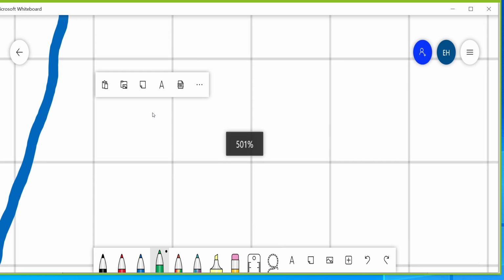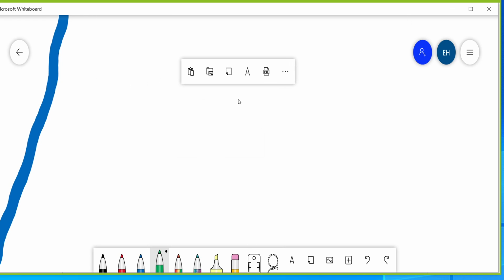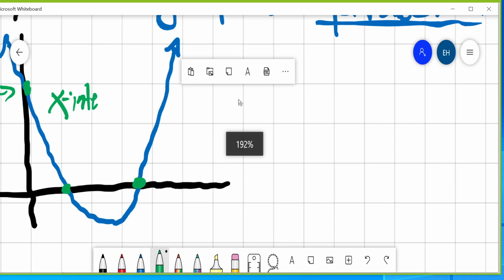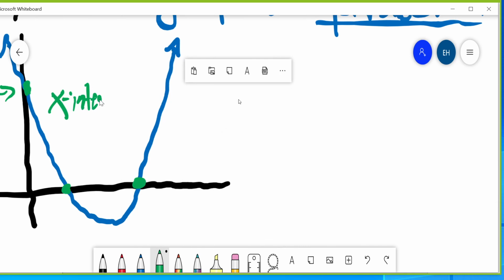A little too much. Zoom out. Whoa, I went crazy. There we go. Zoom out so I can fit the word x-intercepts.